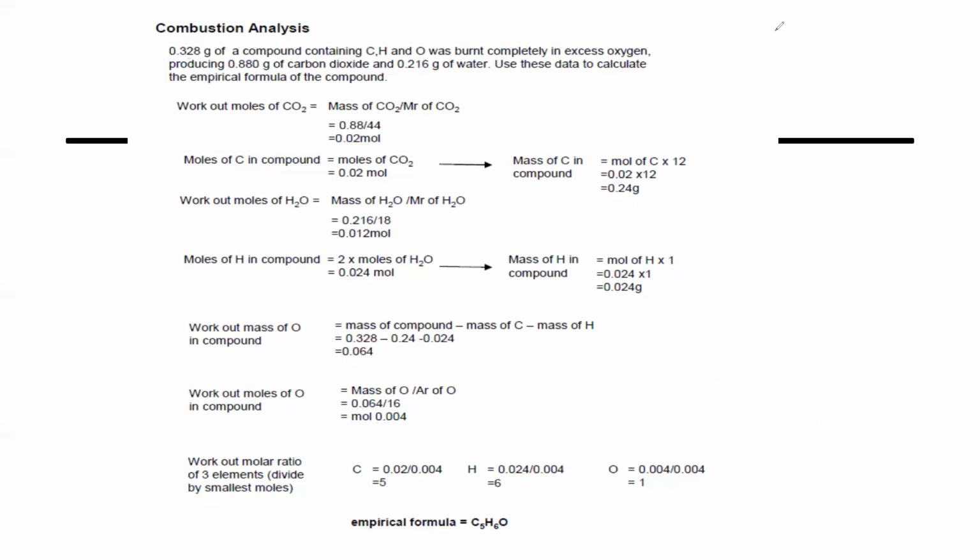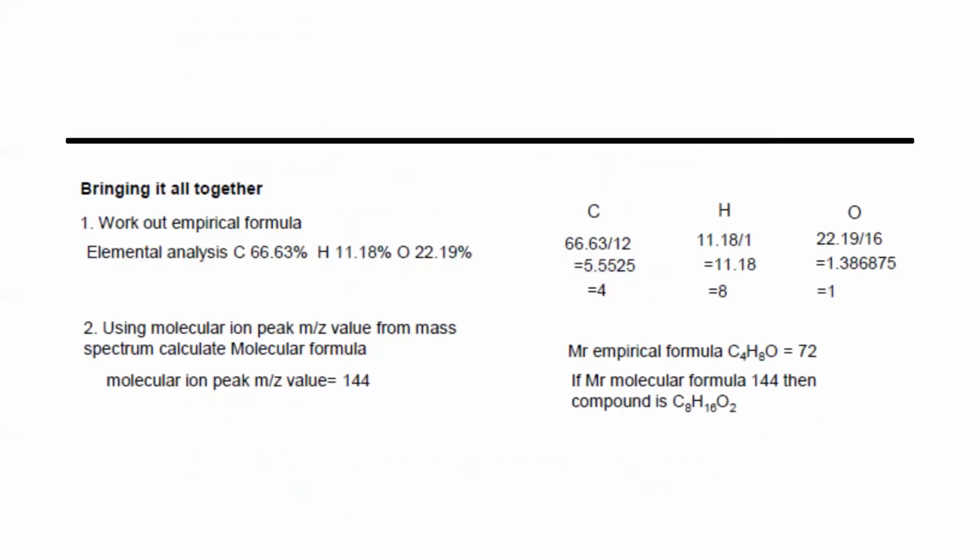And using the empirical formula, you can find the molecular formula, because the molecular formula is the empirical formula times n. And what is n? n is molecular mass over empirical mass. After knowing the empirical formula, you find n. The molecular mass is given as 144, and the empirical mass is 72.